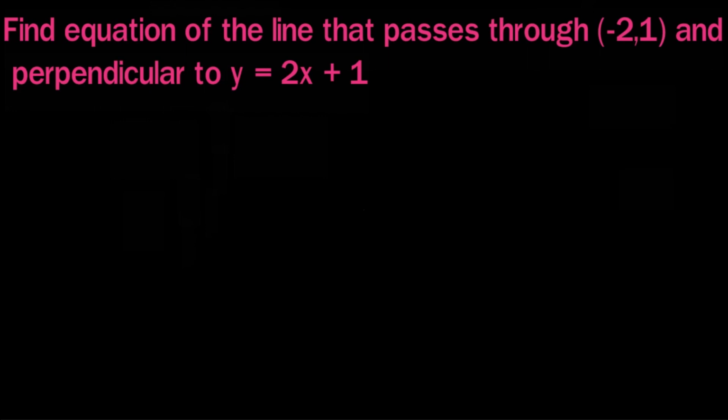When you have a perpendicular line, the slope of this one is 2, and the slope of the perpendicular line is negative 1 over 2.